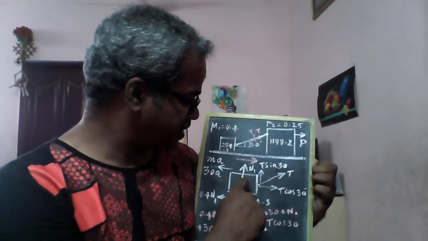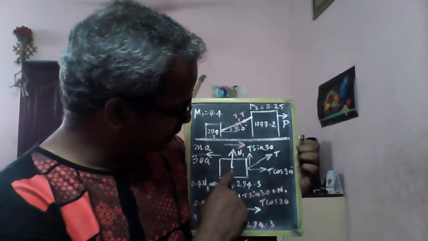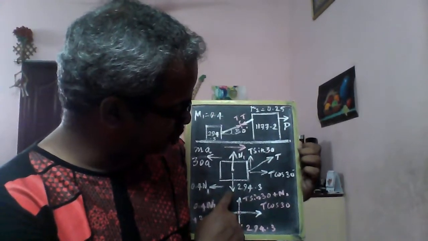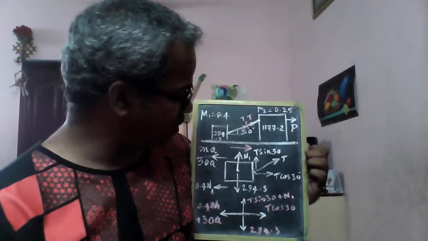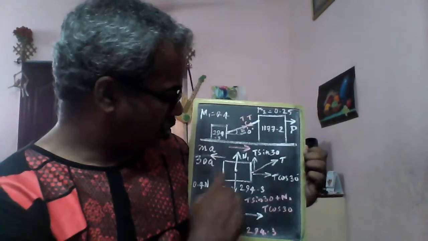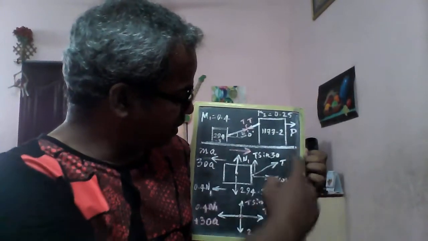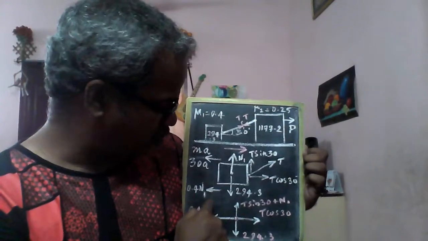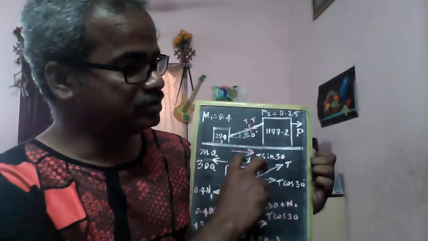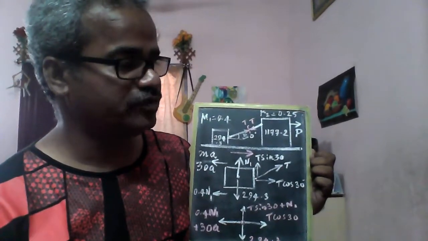So you can see here the weight is acting downward, that is 294.3 newtons, and there will be a normal reaction N1 acting. And since the body is moving right side, there will be a frictional force, that is 0.4 into N1. So up to this is similar to the friction problem.